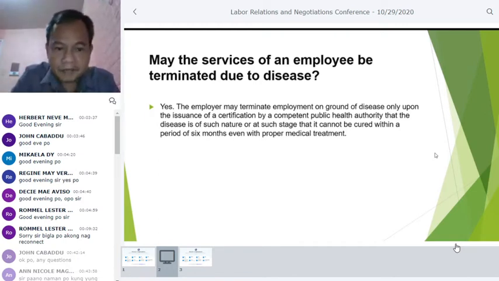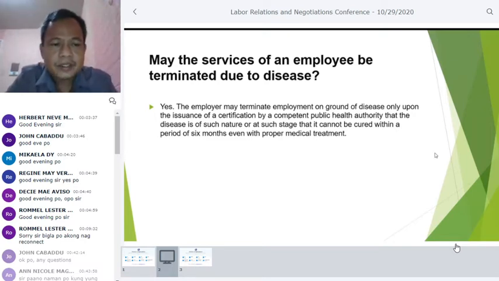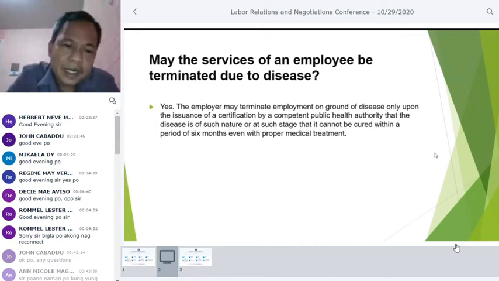Ito maliwanag dito. If it is incurable for a period of 6 months, then termination may be done. Kung incurable for a period of 6 months. Now, the $1 million question is, gaano ba katagal yung pag-cure ni employee kung siya ay found positive ng COVID-19?